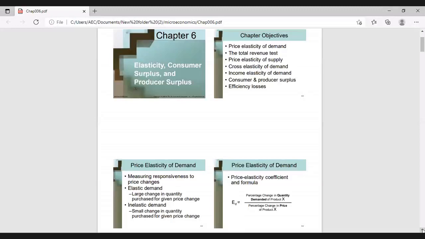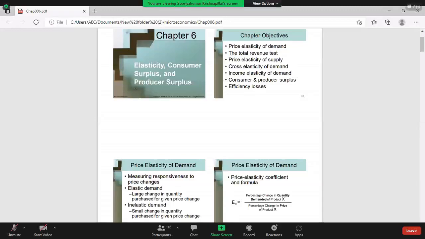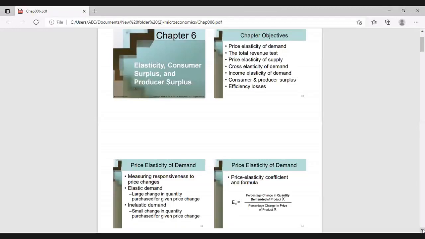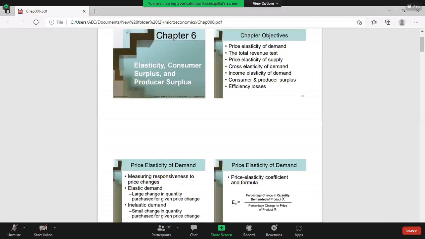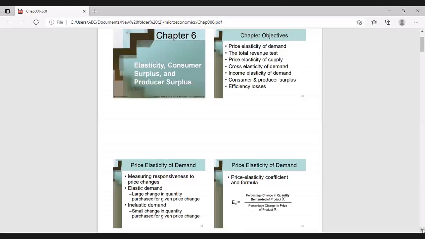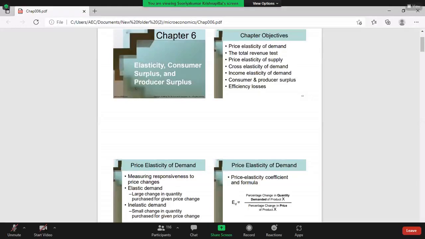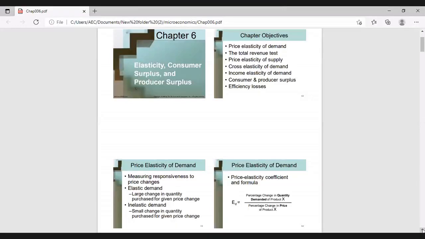So first we will study the own price elasticity, that is, a particular product's price change and the consumer's response to the price change. So price elasticity of demand measures consumers' responsiveness to a price change.